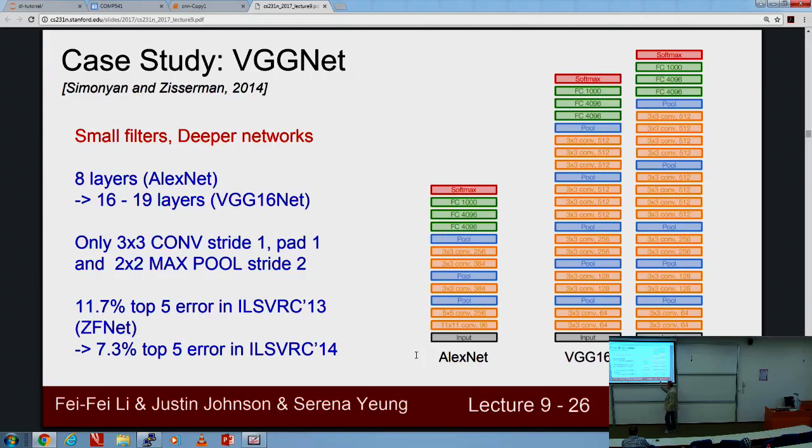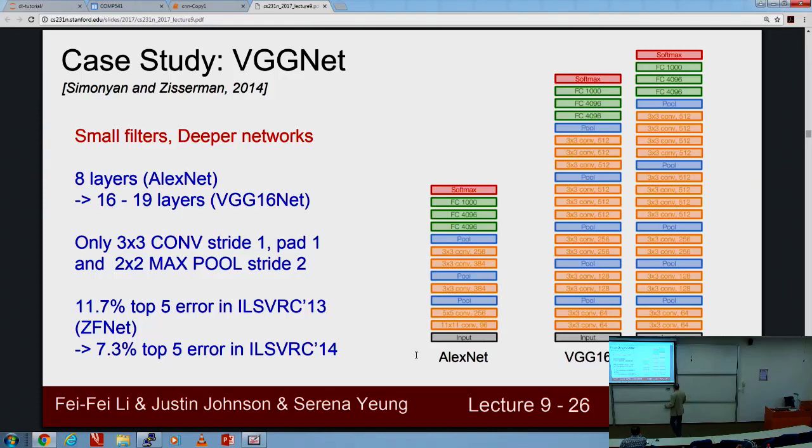One, it's deeper. AlexNet has 8 layers. VGG has different versions with 16 layers and 19 layers. Another difference is AlexNet has lots of different sizes of filters. It starts with 11 by 11 and then goes to 5 by 5 and then goes to 3 by 3. VGG is very, very uniform. Every convolutional layer has 3 by 3 filters. They don't use anything else, okay?